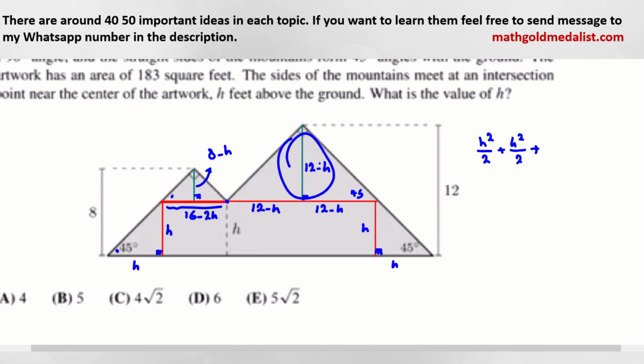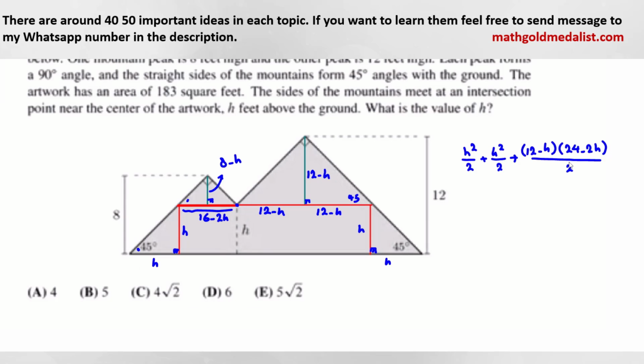This one is 12 minus h, the height, times the base, which is 24 minus 2h, over 2. Plus this one, 8 minus h height times base 16 minus 2h over 2. So we've calculated 4 triangles.